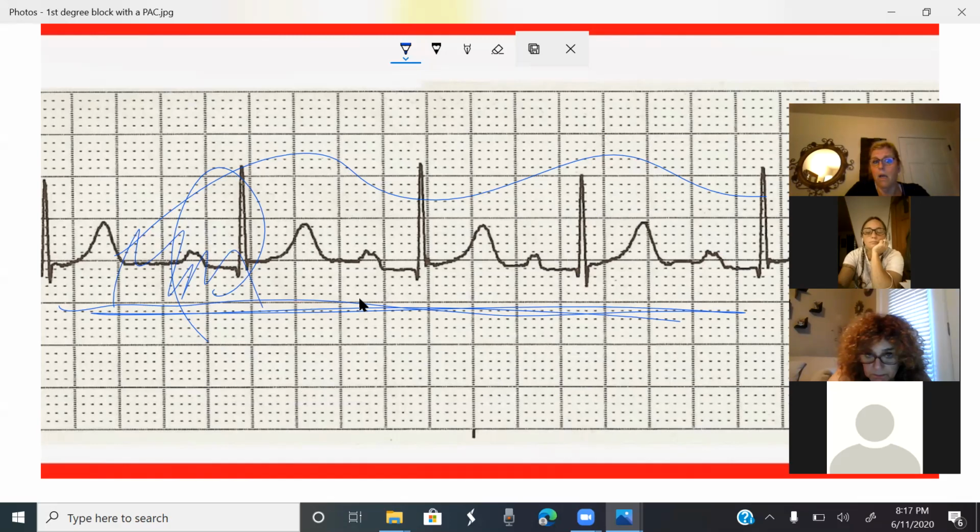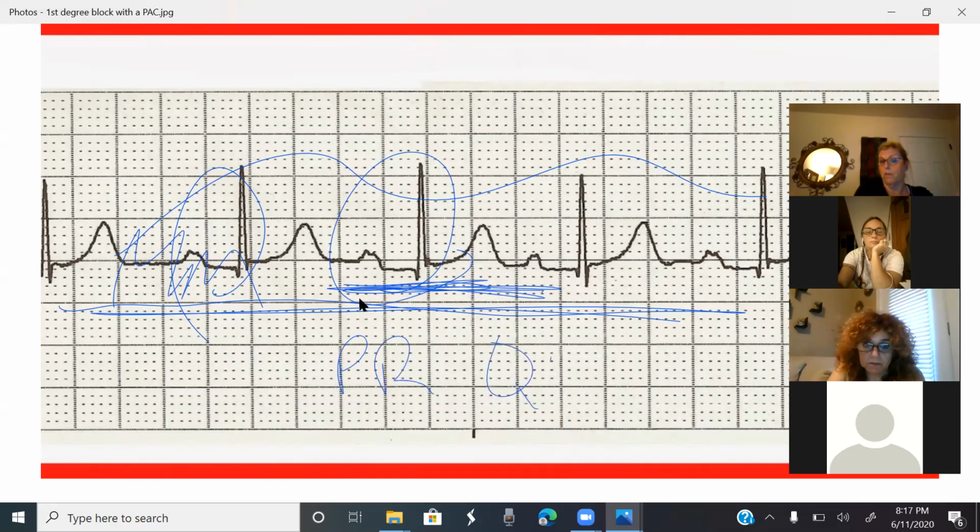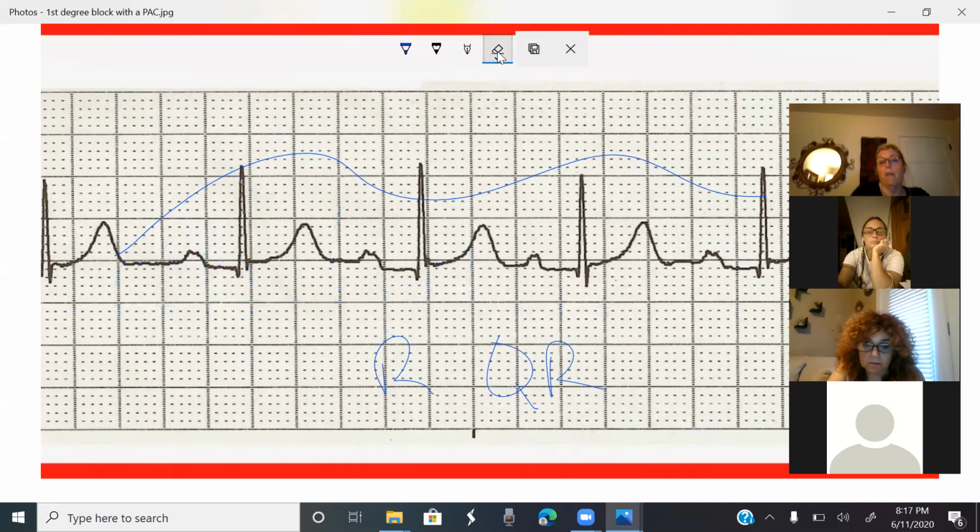But as long as I can measure this, that wandering baseline doesn't matter. Everything is going to be measured this way, because we know what our PR should be and what our QRS should be. So we're measuring normal sinus. Everybody get that part? You say yes.